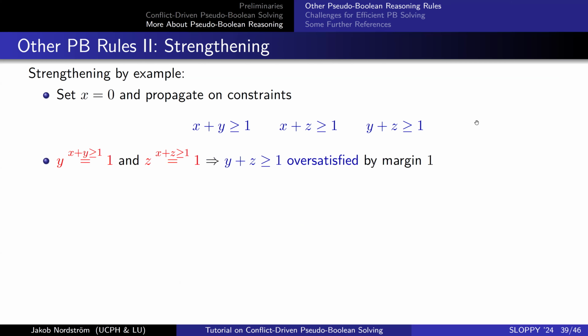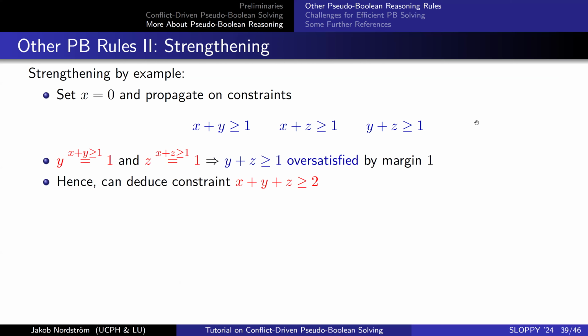And you realize that, well, either x is true, but if x is false, then x plus y is true. This is by propagation. Y propagates to true, z propagates to true. So this constraint is actually over-satisfied by a margin of 1.